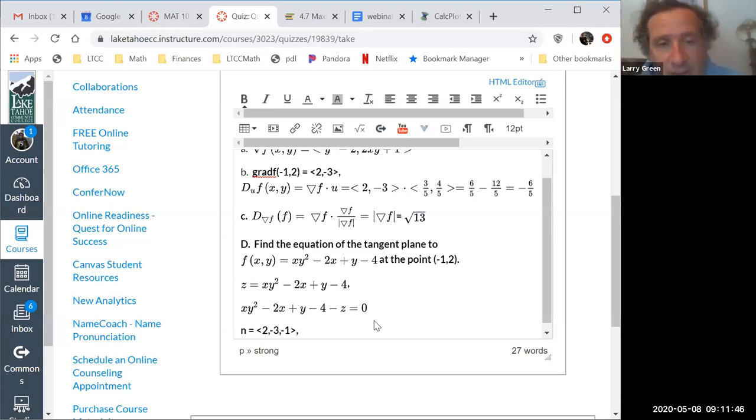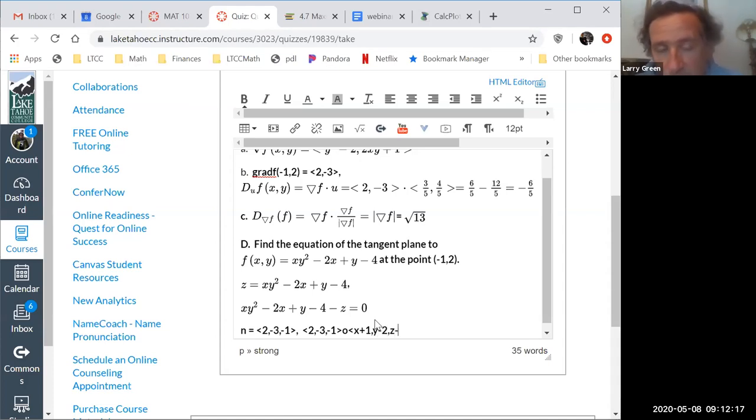So then the equation is just going to be, I'm going to dot the gradient. Let's do it right. 2 comma -3 comma -1 dotted with x minus x naught. X naught is -1. That means x plus 1. Comma y minus y naught, y minus 2.